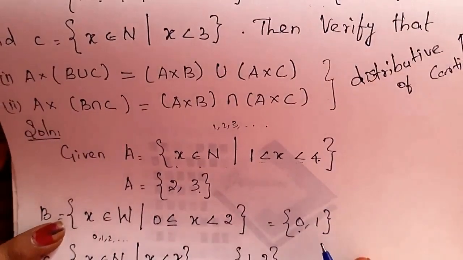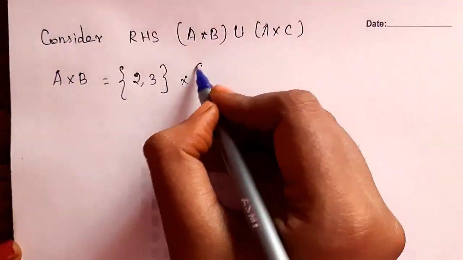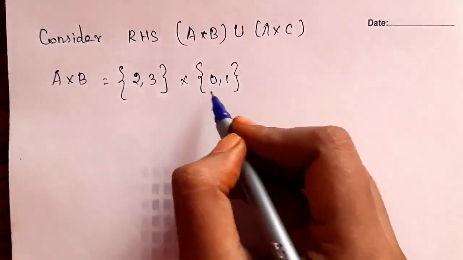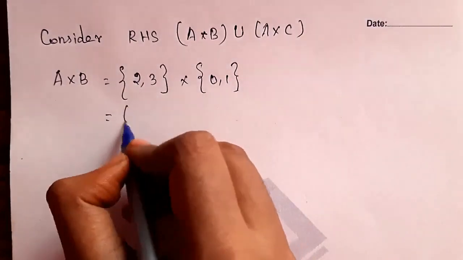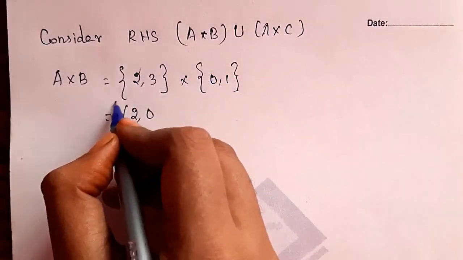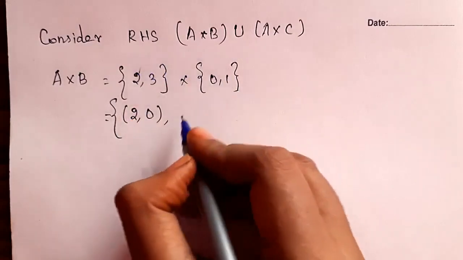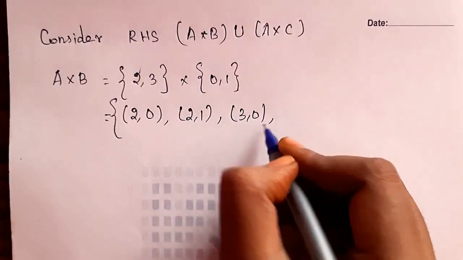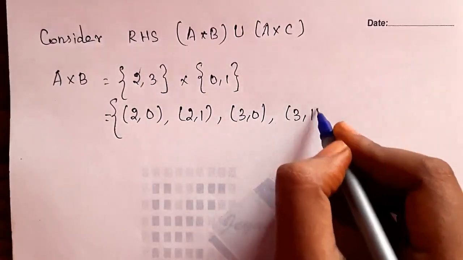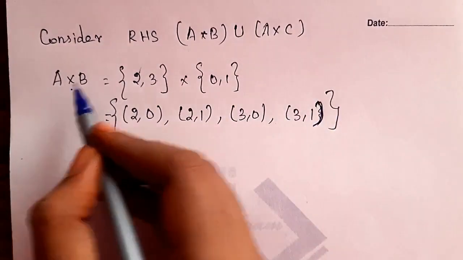B is 0 and 1. So 2, 3 cross 0, 1. We are going to do the cross product. So just you can make it the set of all 2, 0, then 2, 1, next 3, 0, next 3, 1. So A cross B is over.